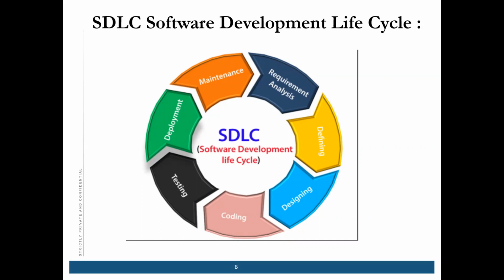In this phase, we start building the software and start writing the code for the product. And the outcome of this phase is what? Source code is developed in the coding part.